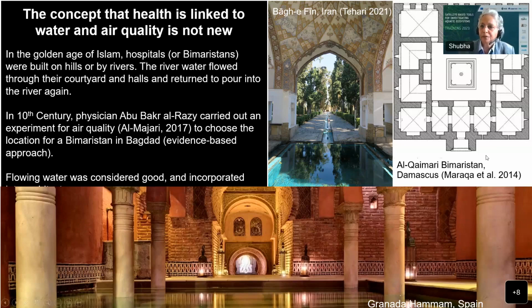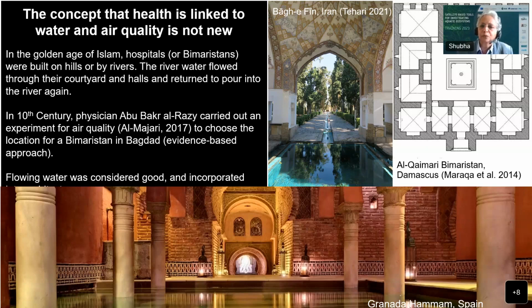Now, in the top right-hand corner here, I have the architectural drawing of one of the hospitals where, in fact, you see that at the very center of all the wards was a water tank with a water fountain.